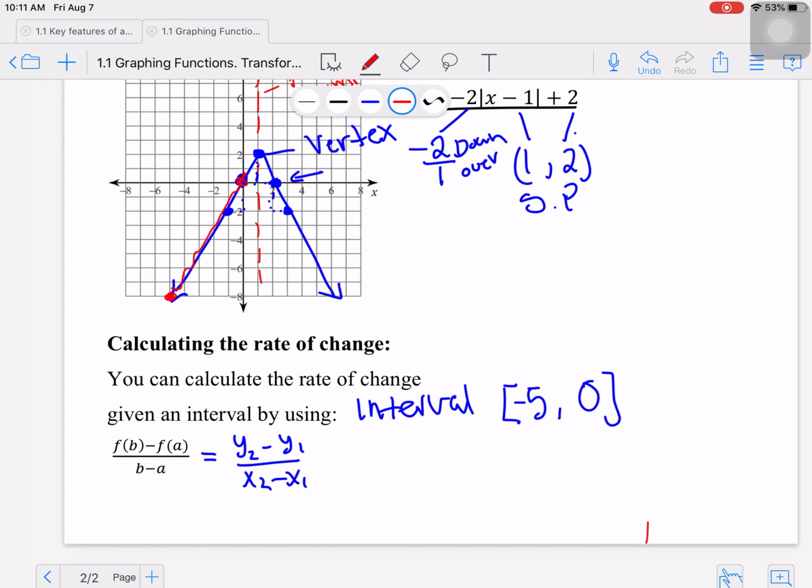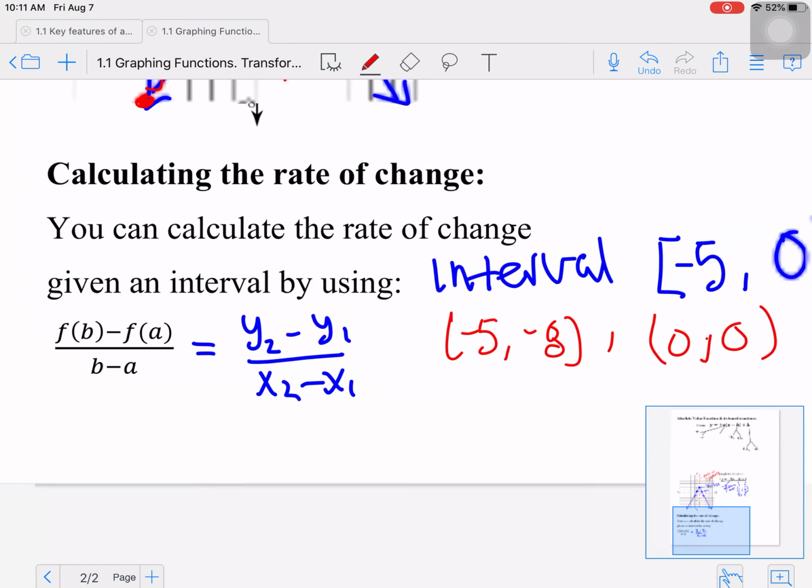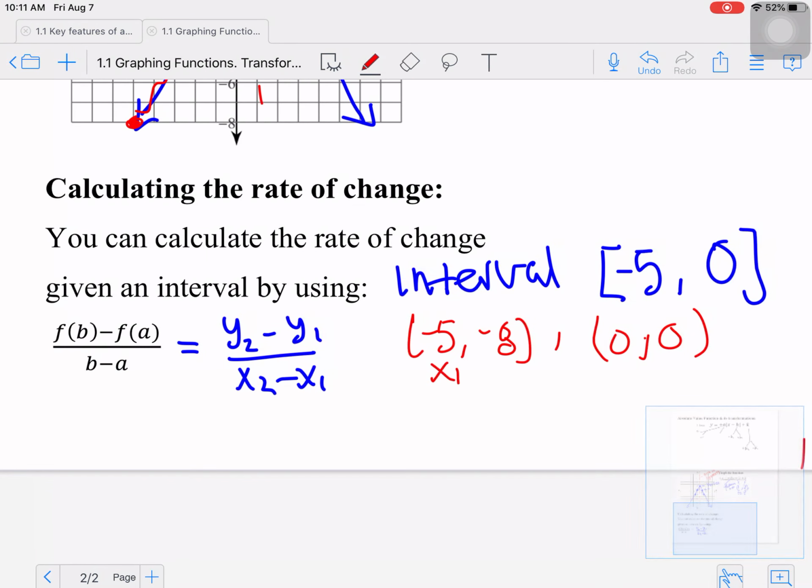Let's say I just want to calculate that. Well, I can use that formula. So if I look at those points, the first point is negative 5 comma negative 8 and 0 comma 0. So those are going to be my 2 points. So there's my x of 1, y of 1, x of 2, y of 2, and all you got to do is basically just plug it in.